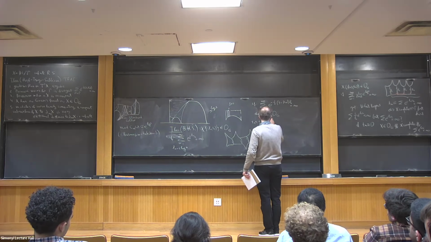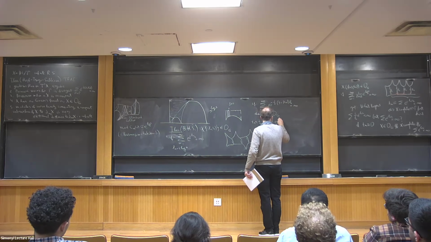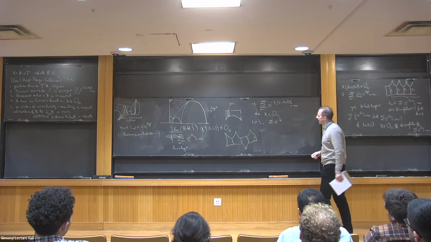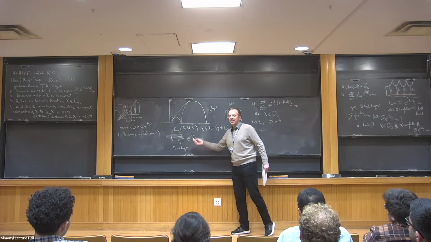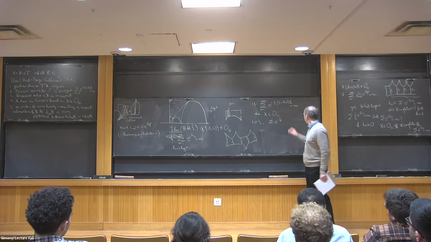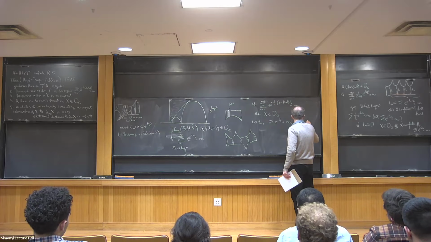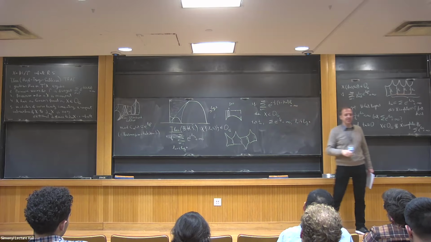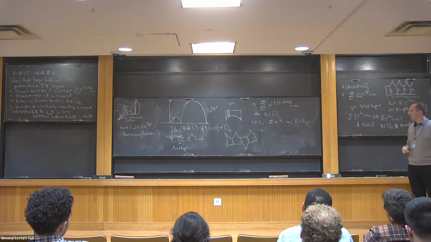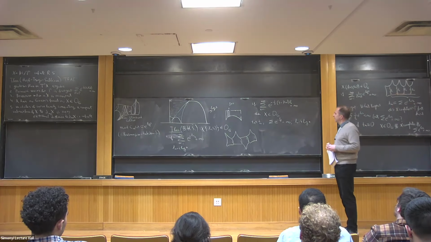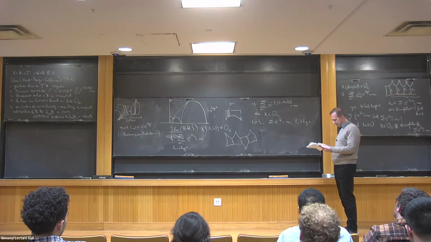Then this condition becomes the sum of e to the minus ln over 4 being infinite. And for example, ln equals 4 log n works. We were quite excited about that.